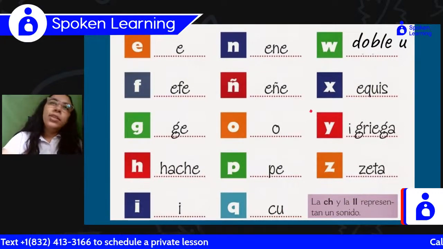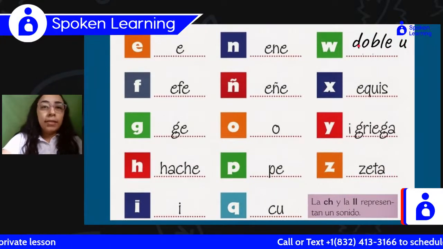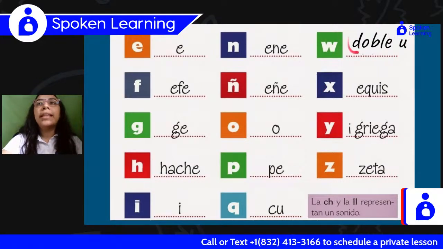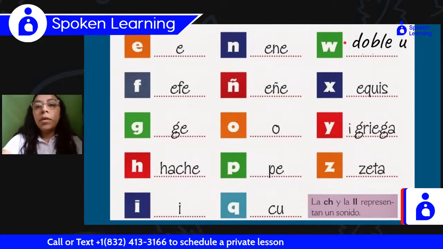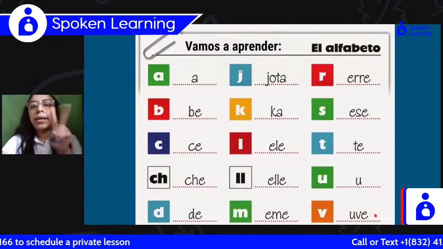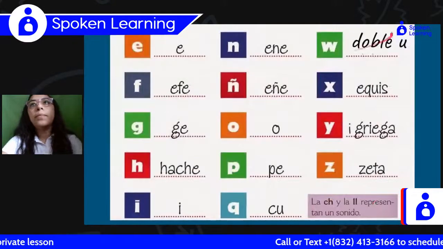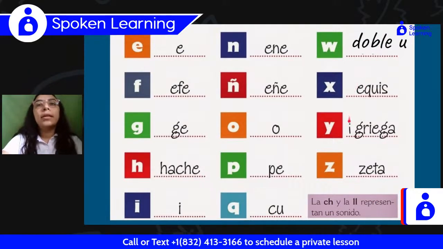An extra clarification I could make is that W, here in Mexico, we call it like that, but in Spain they call it V doble. V doble. Why? It's like a V twice. V doble. Okay? So that's another way you can find that letter.